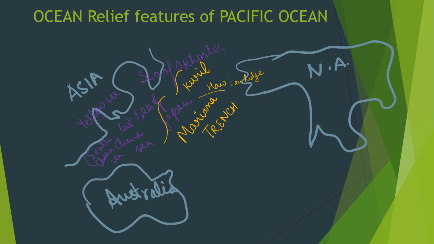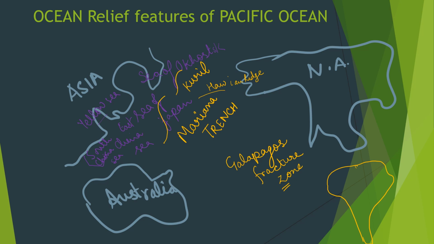Various fracture zones are also present here. If we are going to see the fracture zones, we have a famous one also, the Galapagos Islands. The Galapagos Islands are on a fracture zone, the Galapagos fracture zone. And if we are going to see some ridges, here we have the South American continent.